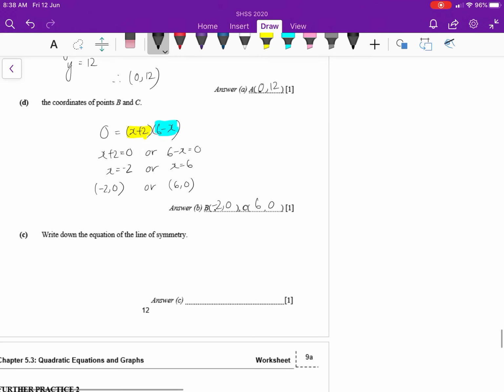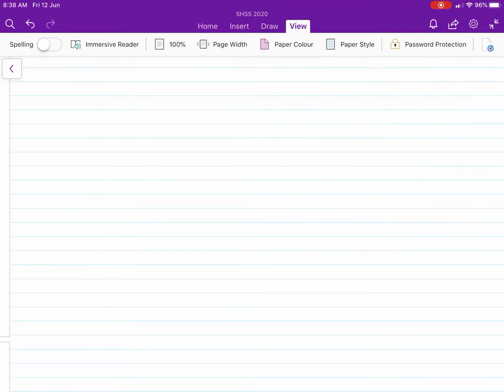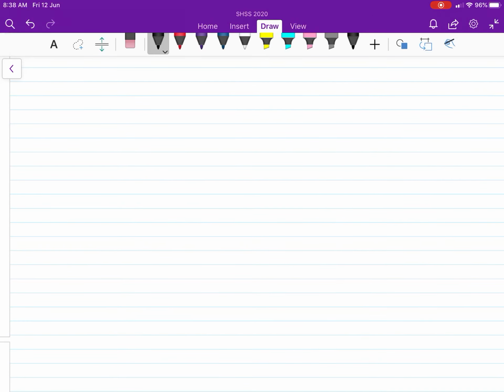Part C is the one that I haven't taught you yet. Now, they want the equation of the line of symmetry. Before I go into the equation of the line of symmetry, let's do some recap first. Now, if you remember, any vertical line that cuts through the x-axis, the equation is x equals to something, a particular number. x equals 3 in this case because it cuts through 3.